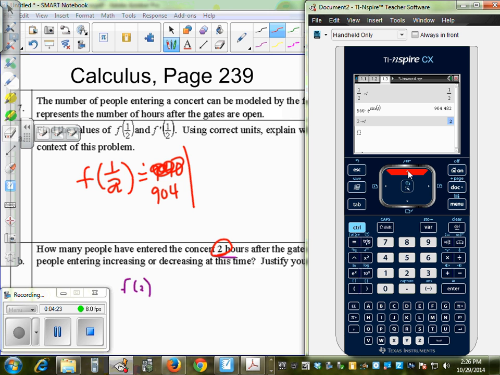Now I'm going to go up to my formula and Control C, copy that. Come down here, Control V, paste that. Now it's going to plug in 2 for t. And that's telling us that after 2 hours, 1,390 people came.